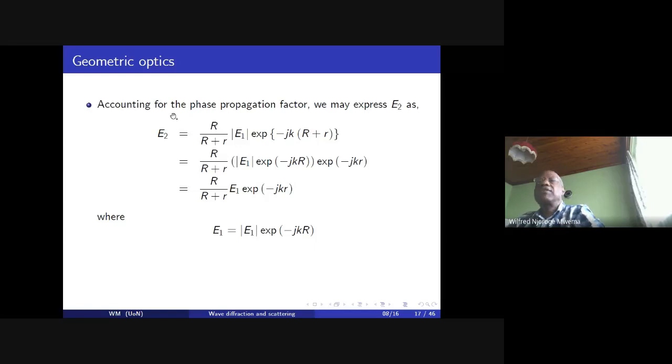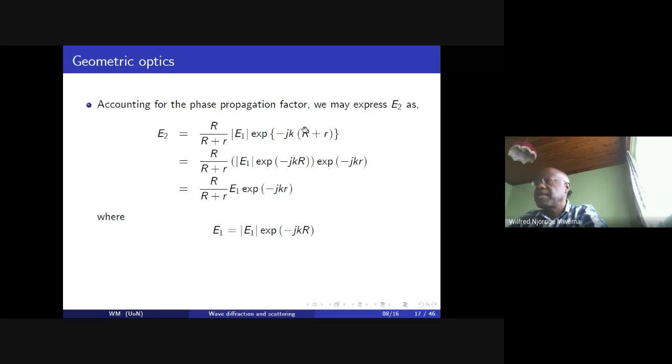Now, if we account for the propagation factor, which is the exponent of minus jk multiplied by the distance traveled, then we can write this as R over R plus big R, times the modulus of E1, times the exponent of minus jk(R plus big R), which is the position where we are measuring E2, that is, the observation point.